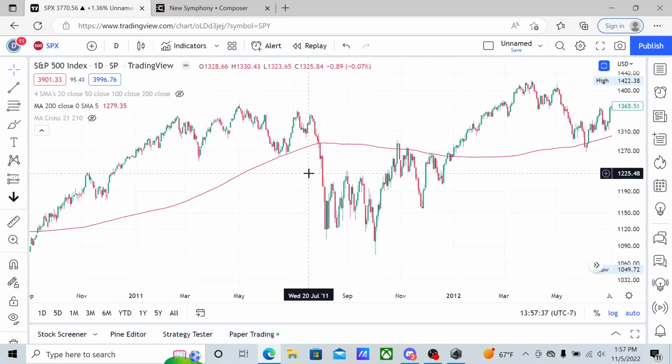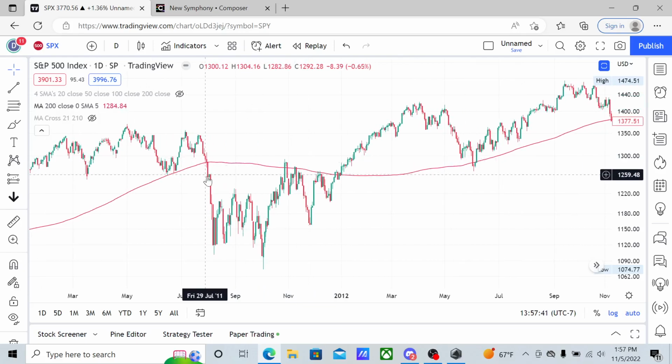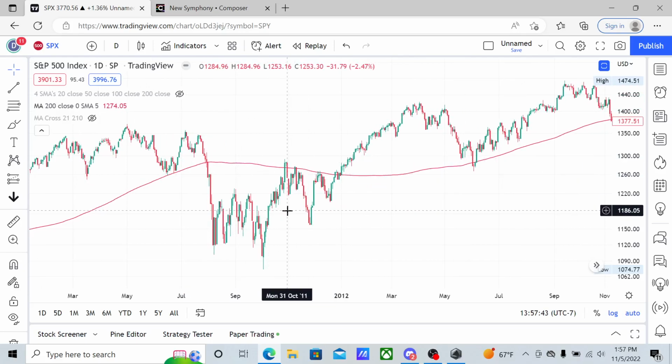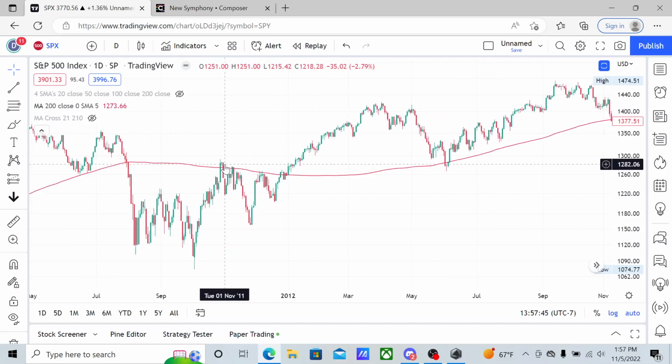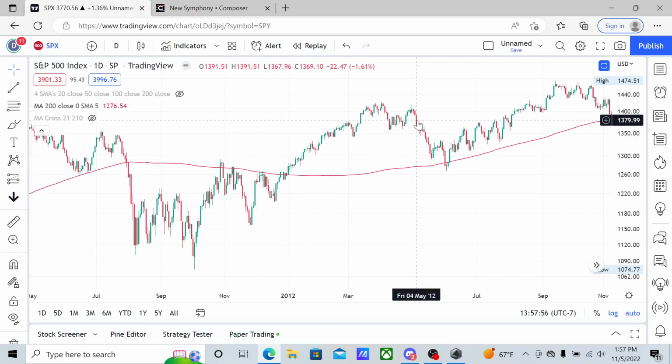2011, same deal. Market chopped, closed below the 200-day, stayed below, came up, retested it for, I guess, about 3 days, and then went back below, retested it again, got rejected, came back, and then started its next leg up.